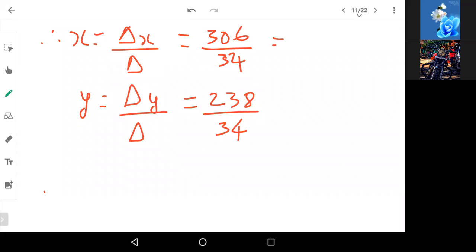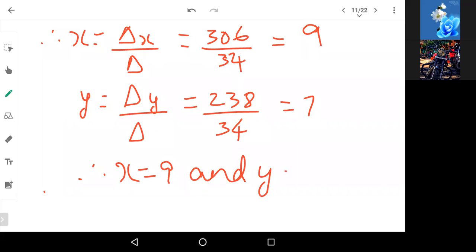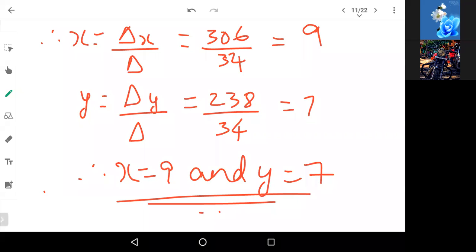Now what is the answer you get? X is equal to 9, y is equal to 7. Good. So if you divide 306 by 34, you get 9. 238 by 34 is 7. So therefore, x is equal to 9 and y is equal to 7. Everybody understood? Any doubts in the Cramer's rule?